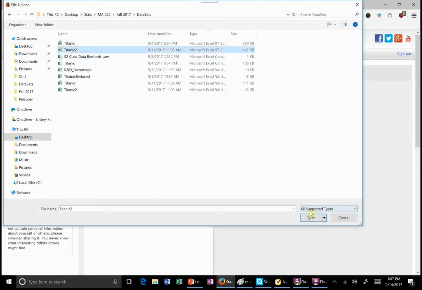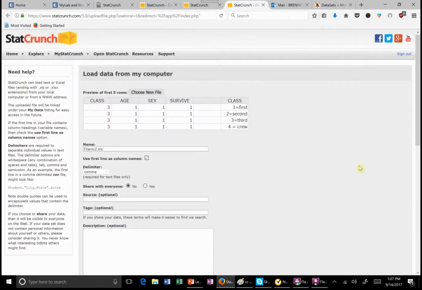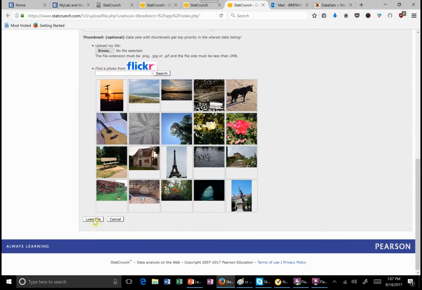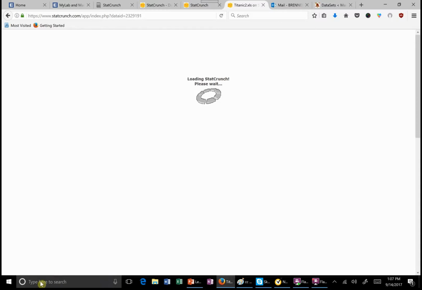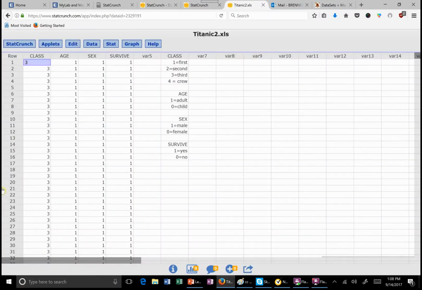Okay, and we'll click Titanic 2. Sometimes it takes a little while to load. It may say processing, like wait, it's processing. And there we are. We're in StatCrunch.